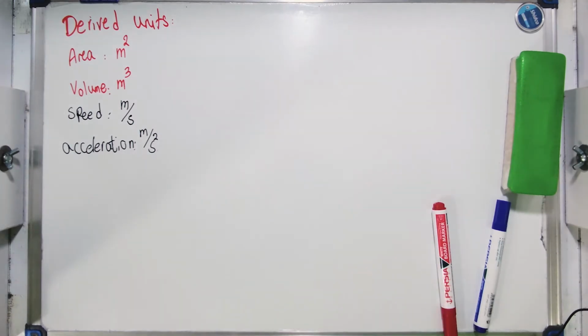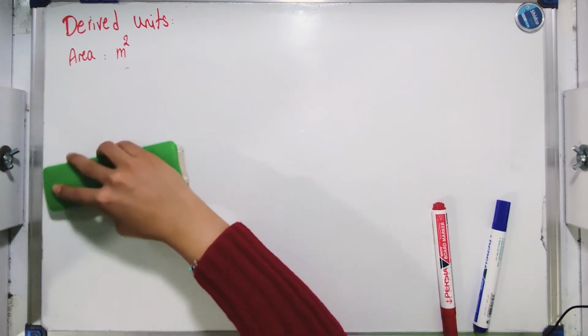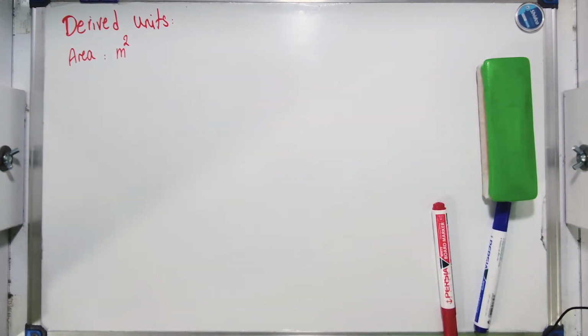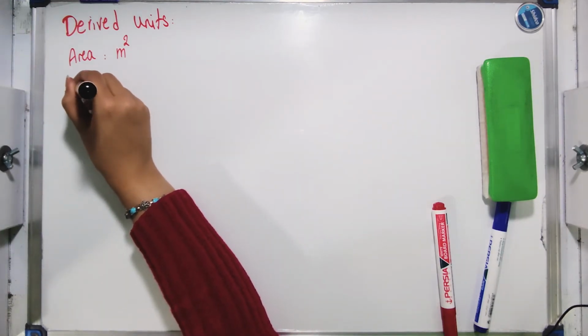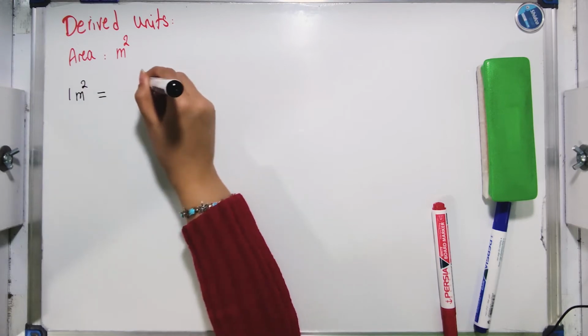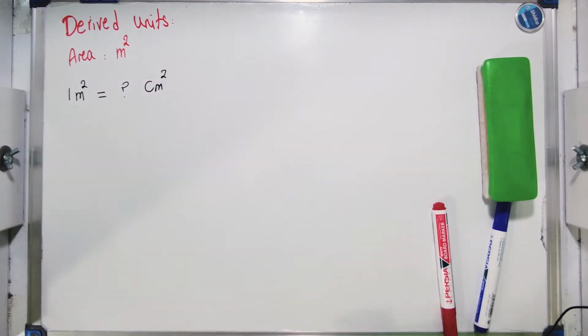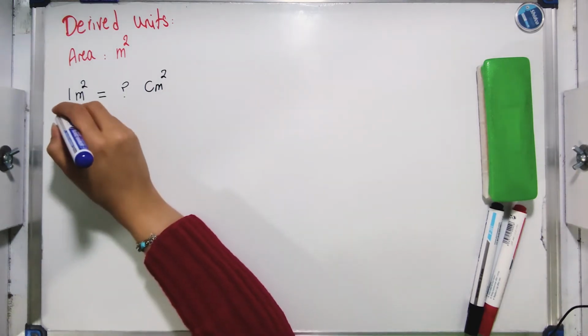But now I'm just going to talk about the conversion of area units. For example, I'm going to convert 1 square meter to square centimeters. What am I supposed to do, guys? Tell me.